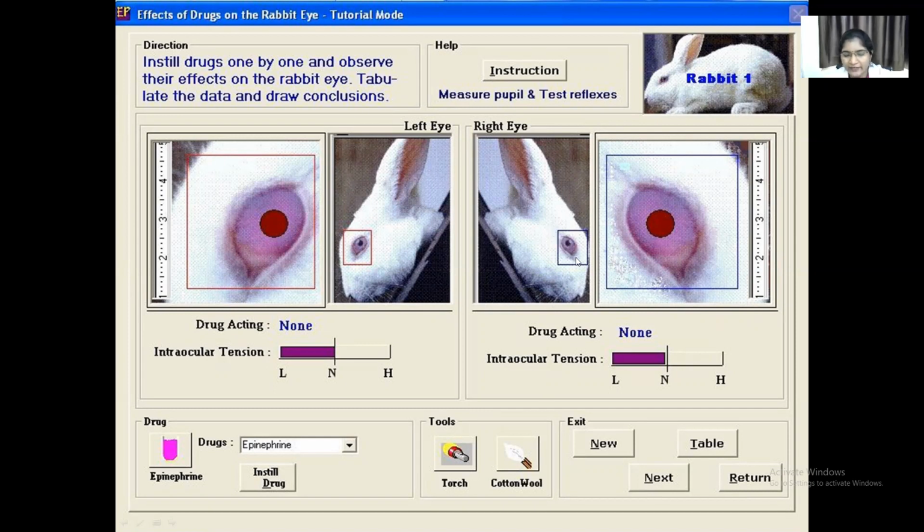Immediately the rabbit will blink its eye, which indicates the presence of the corneal reflex. For miotics, there is presence of light reflex and presence of corneal reflex, and it causes meiosis. So this is the practical using computer assisted learning.